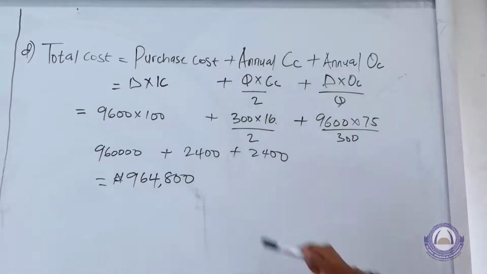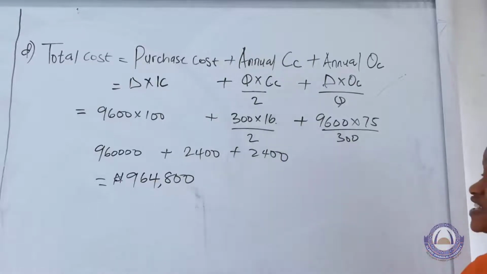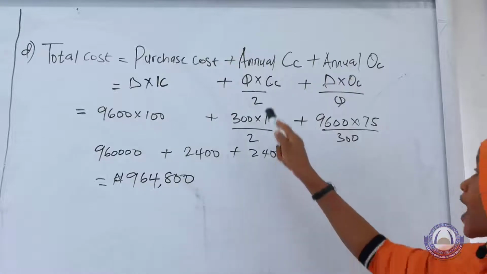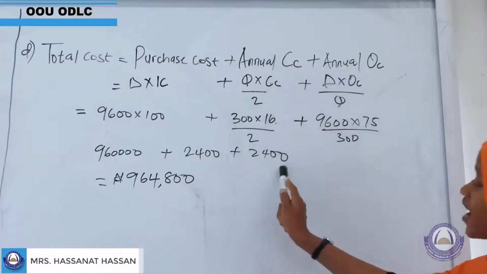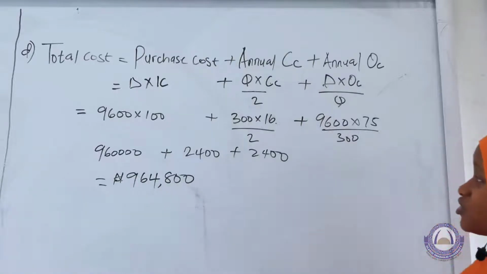You can see it clearly here that, given our Q, our annual carrying cost equals our annual ordering cost. So we sum everything together, and at the end of the day, we get our total cost to be 964,800.